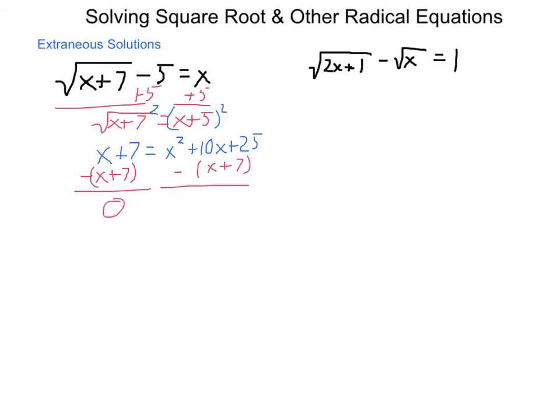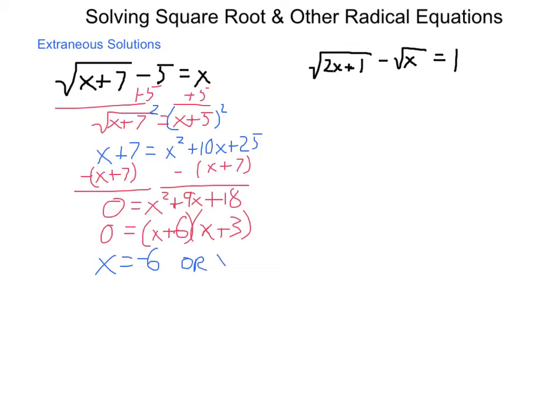That gives me 0 equals x squared plus 9x plus 18. Two numbers that multiply to 18 and add to 9. I have 0 equals x plus 6 and x plus 3. Solving these individually using the zero product property, I have x equals -6 or x equals -3.